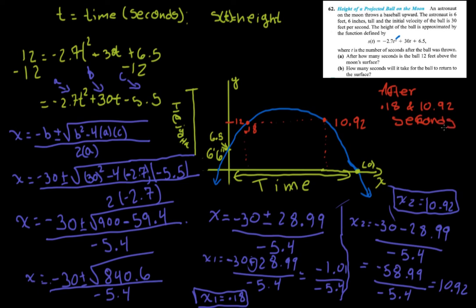All right, so this is our first question. It's not easy. You can see all the stuff that we did just to get the first answer, right? And it's just algebra, really, substituting values, multiplying, square root, adding, subtracting, dividing.